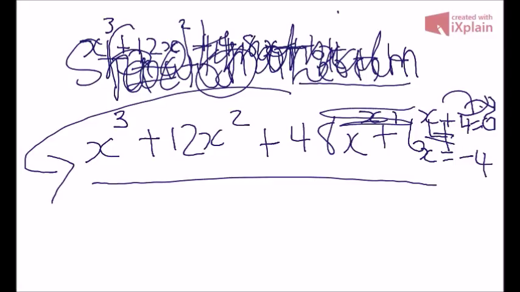Now that we have that done, we're going to substitute. First of all, guys, I think this is really important. It's up to you, but it's really important. So let f of x equal x cubed plus 12x squared plus 48x plus 64.